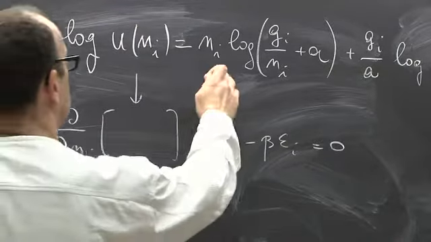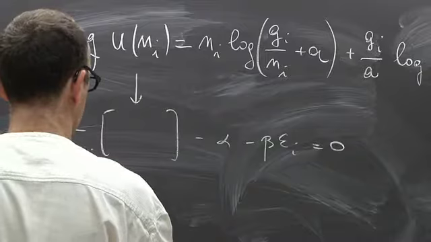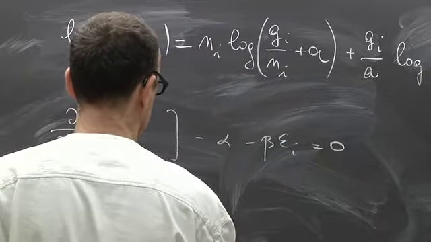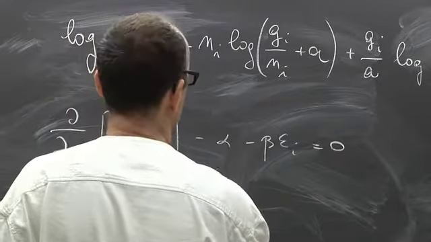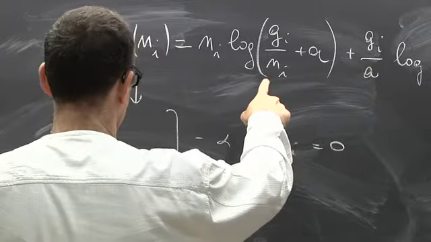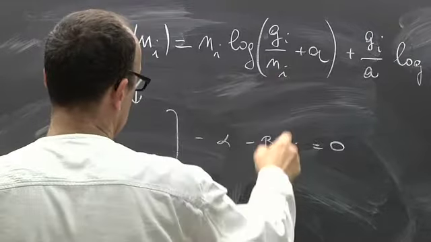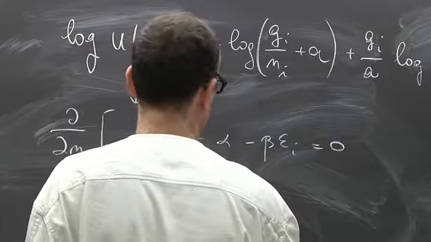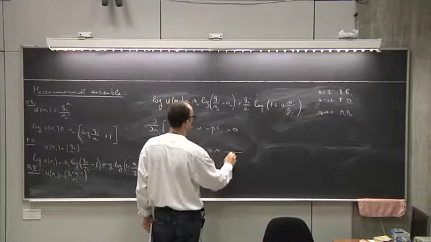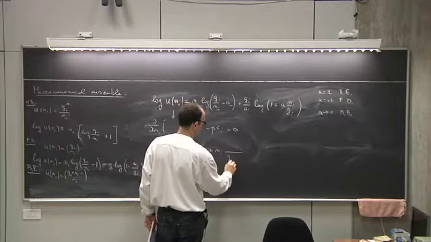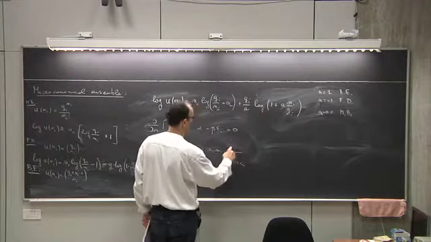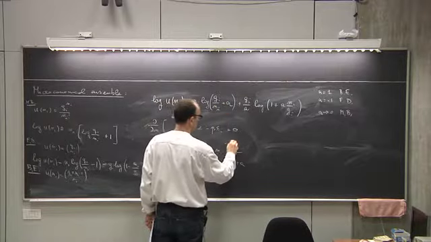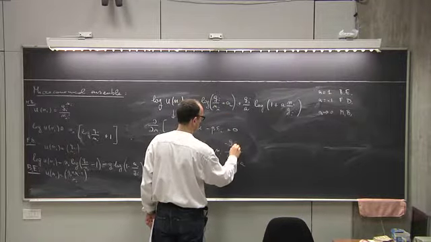Okay, so this gives us the log of gi over ni plus a, and then there is a derivative down here which gives me plus ni times gi over ni plus a, and then the derivative of the argument, which is minus gi over ni squared.